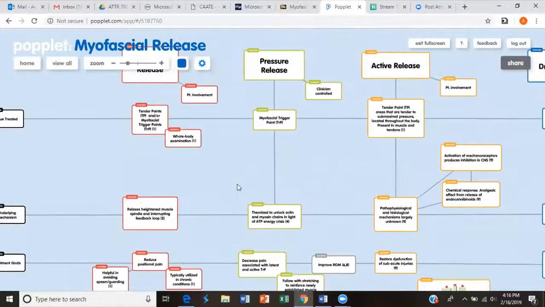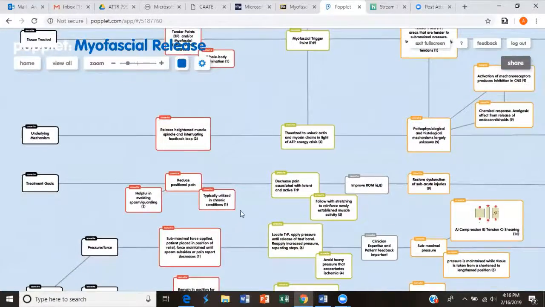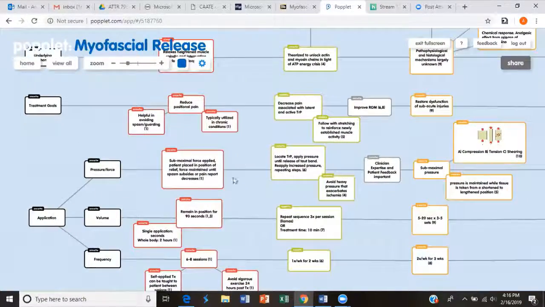Going back to pressure release, let's look at the application of the treatment. The clinician locates the trigger point, applies pressure until the clinician feels that the top band is released. The pressure is then reapplied at an increased rate or increased depth, and this pattern continues until the trigger point is no longer palpable.